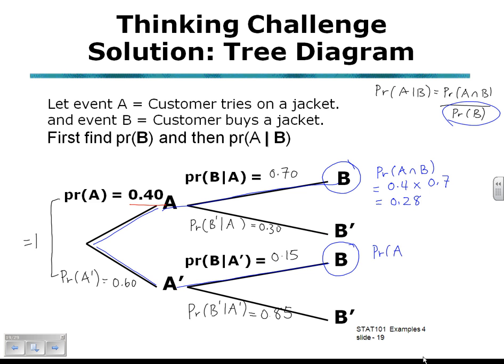Completing probability of A dash multiplied by probability of B given A dash, so that's probability of A dash intersection B, will be 0.6 multiplied going across the tree by 0.15, giving us a probability in that case of 0.09.